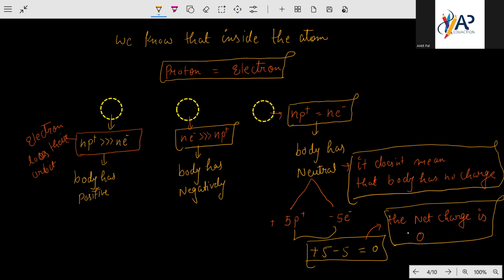But the body still contains charges, because it contains 5 protons and 5 electrons which cancel out with opposite signs. Now I think you are clear about net charge.